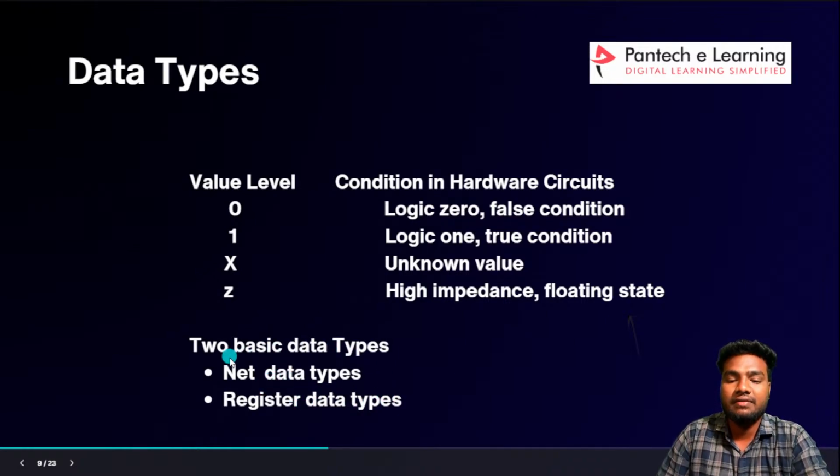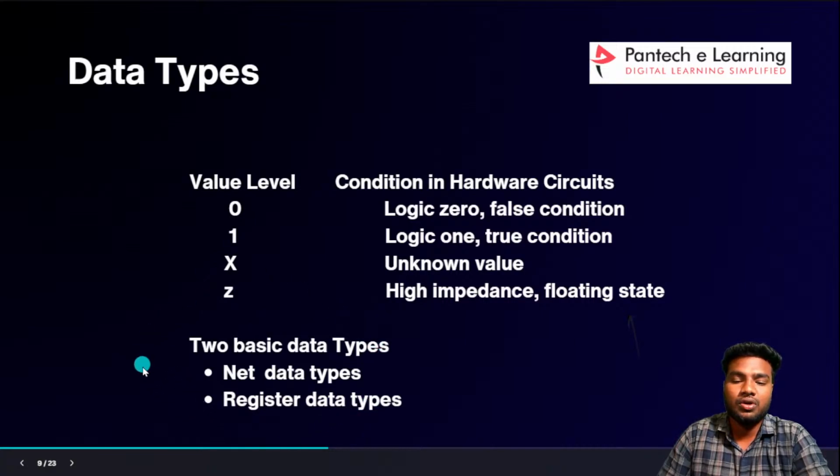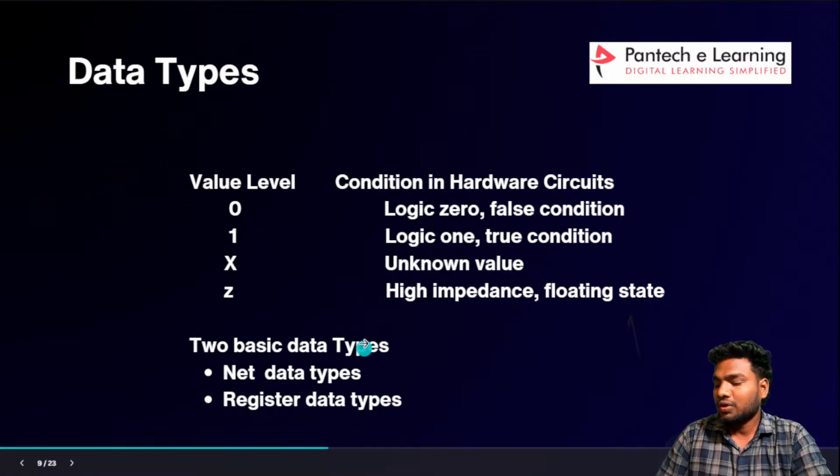It just passes the values to other logic gates in our logic circuits. So these are the two data types in Verilog: net data types and register data types.